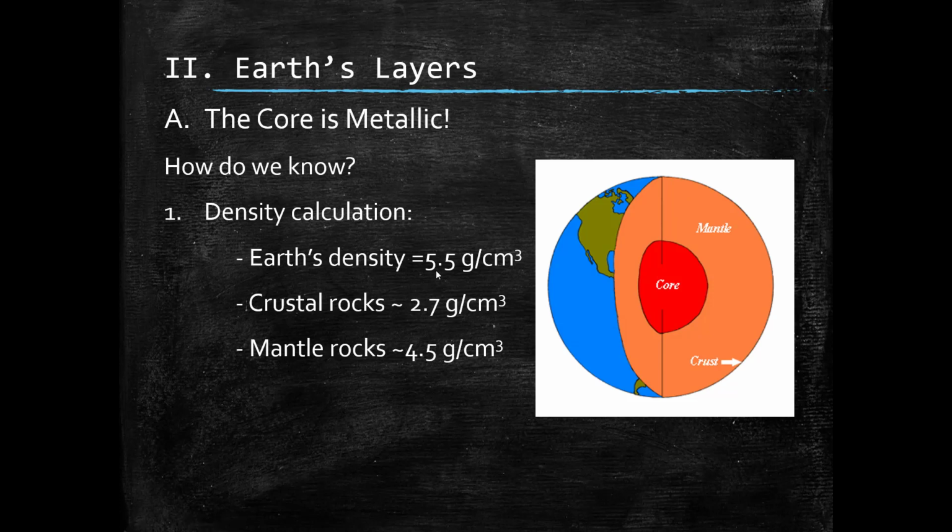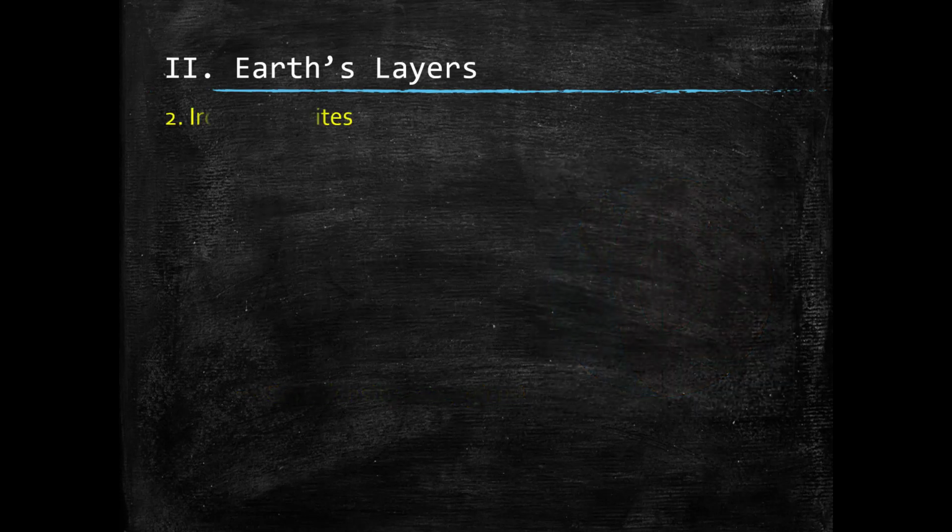Therefore, based on the thicknesses of these layers and the density of the Earth overall, in order for the average density of the Earth to be 5.5, the average density of the core has to be 10.7 grams per cubic centimeter, because that's the only way you get your average up to 5.5. So 10.7 grams per cubic centimeter is the density of a metal blend, a metal alloy.